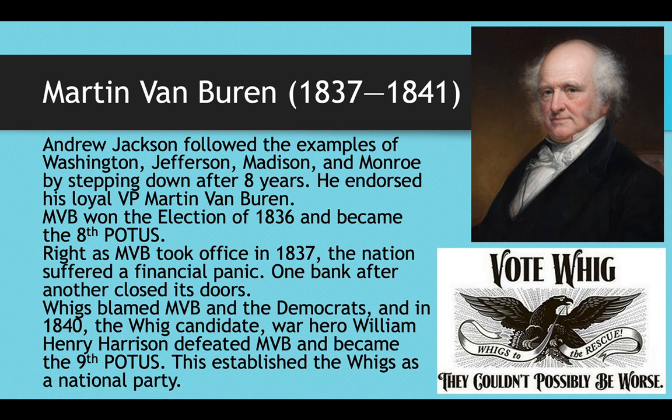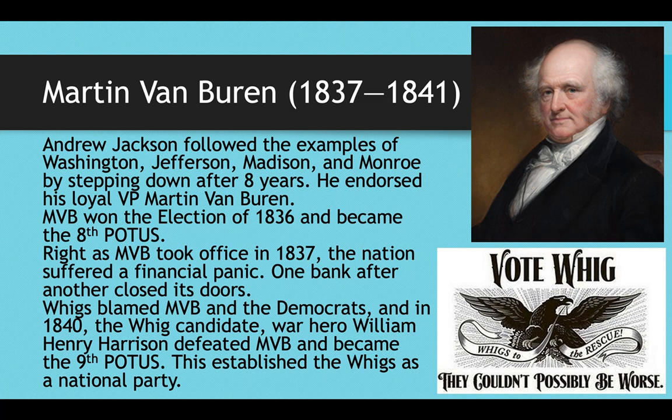And the candidate that was put up by the Whigs defeated him. And that guy was named William Henry Harrison. So William Henry Harrison won the election of 1840, defeated Martin Van Buren, and became the 9th president of the United States. And he was able to win because people were so dissatisfied with the economy that the Democratic Party, they believed, had run into the ground.